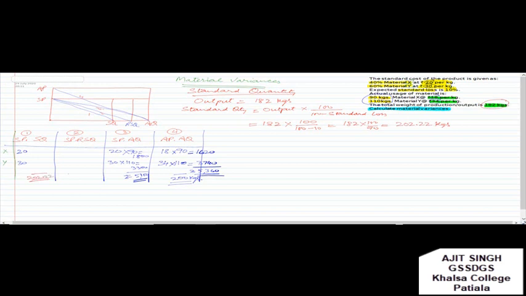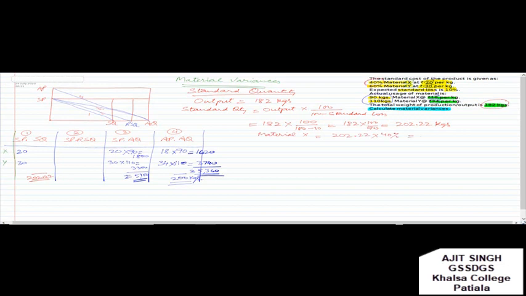In case of material X, standard quantity would be 202.22 multiplied by 40% because it is given in the problem.